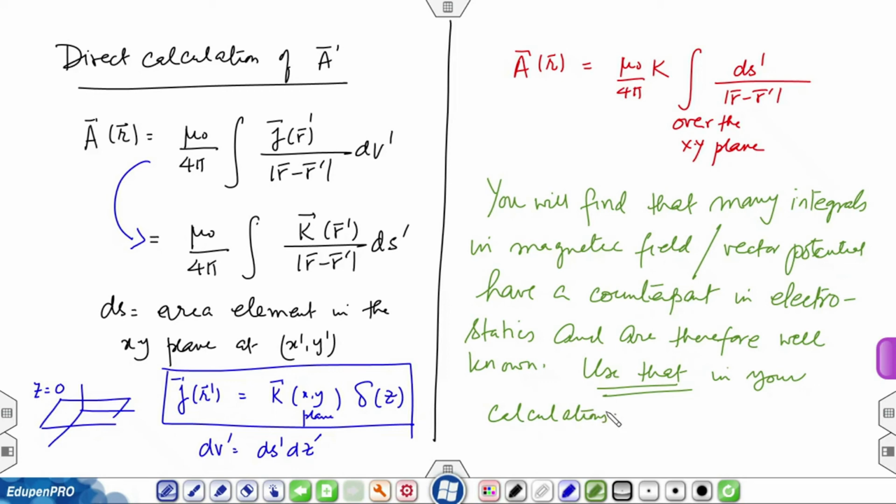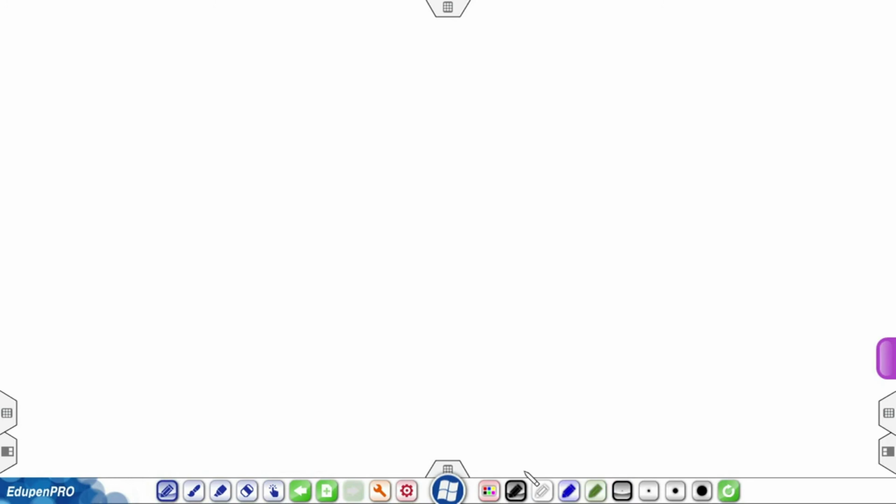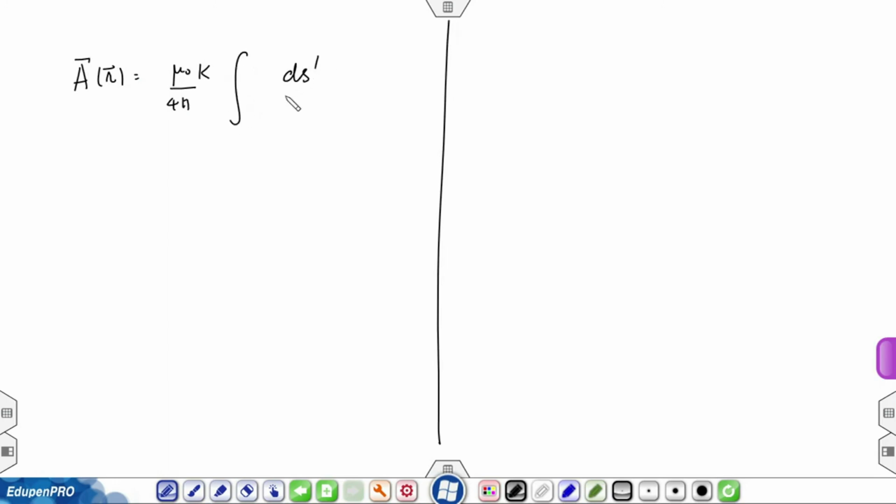So, to come back to our calculation, what we are calculating is this A vector, which is mu naught over 4 pi k integral d s prime over r minus r prime over the x y plane.